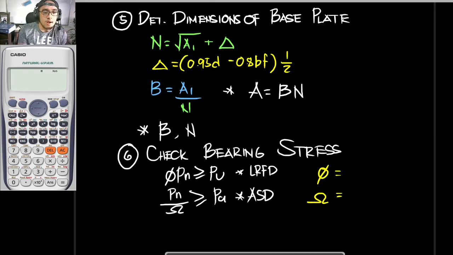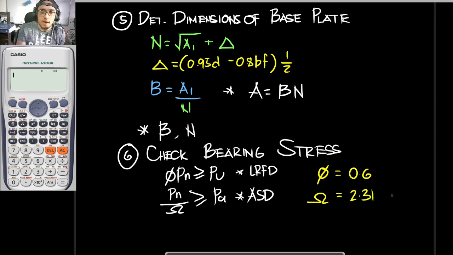Dito naman sa bearing stress, we would be using the values of, ano na nga ba dito? 0.65 and 0.6, 0.65 pala isa. 0.6 and 2.31.